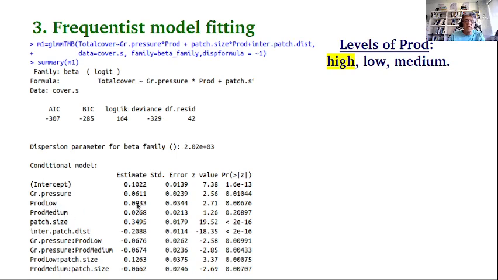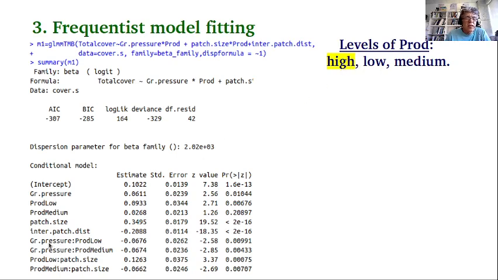This difference of intercept, one of them happened to be statistically significant. Grazing pressure here indicates the partial slope of this numerical explanatory variable for the reference level of productivity.